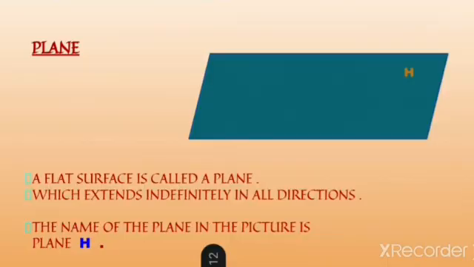So what is a plane? A flat surface is called a plane, which extends indefinitely in all directions. The name of the plane in the picture is plane H, and the alphabet is placed inside the plane, in the interior of the plane.